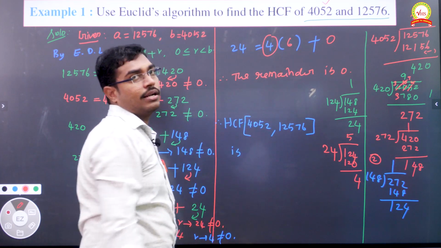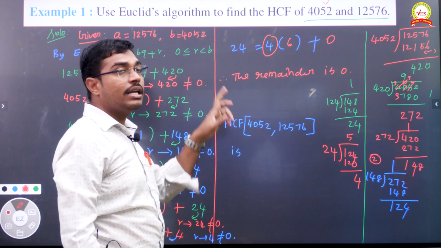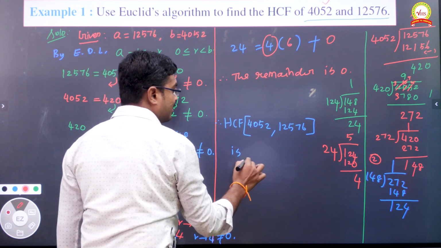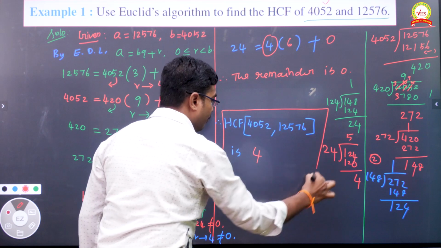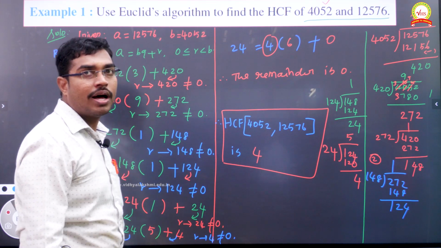Take the divisor. In a equal to bq plus r, b is the divisor, and the divisor alone gives the HCF. So the divisor is 4, so the HCF of the given numbers is 4. Understood, all of you? I hope you all understood it.